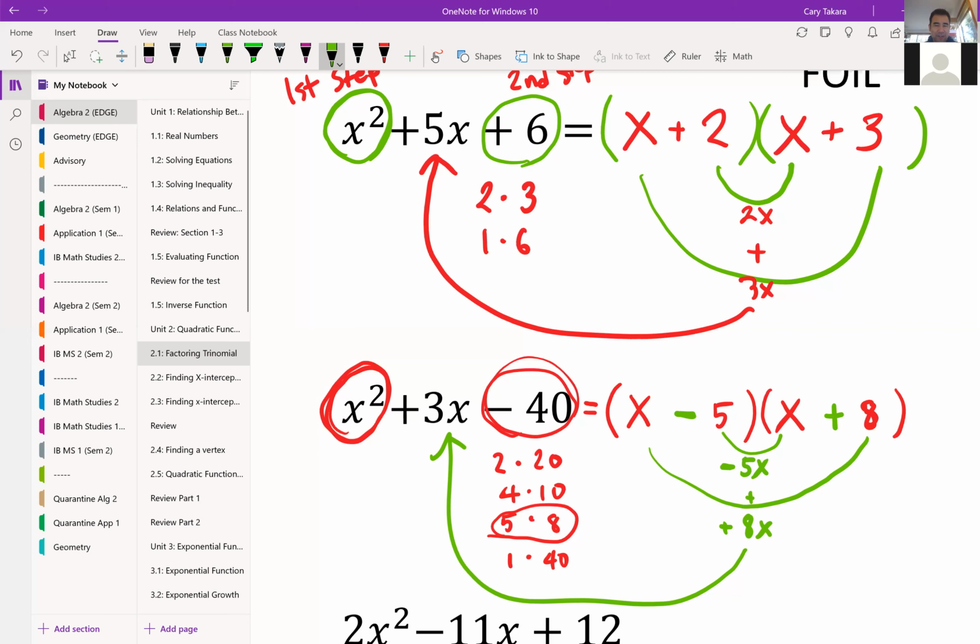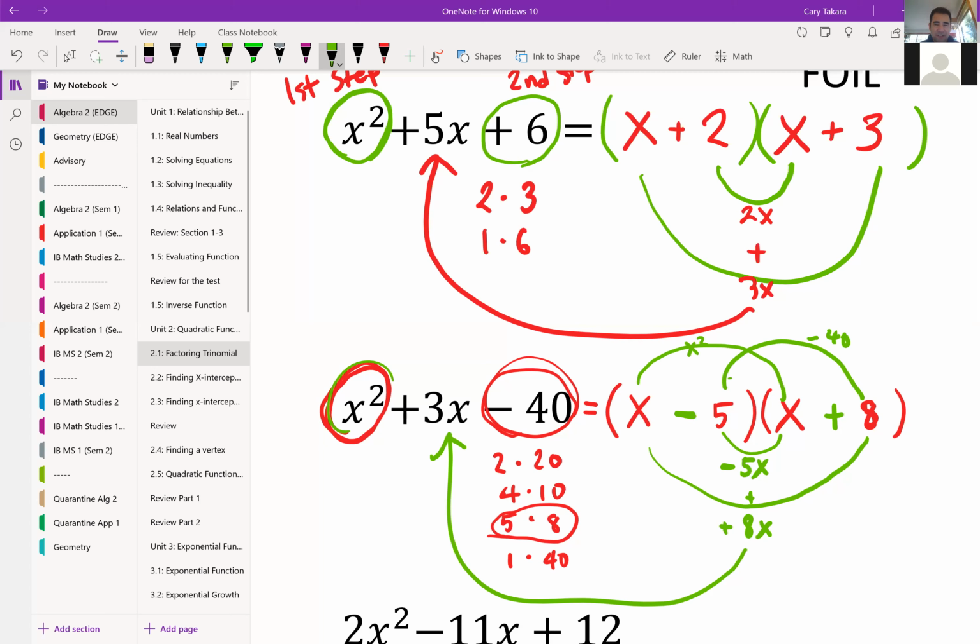And then that will work. Okay? Now just to double check, x times x is x squared. Negative 5 times 8 is negative 40. And then negative 5x plus 8x is positive 3x. So it fits.